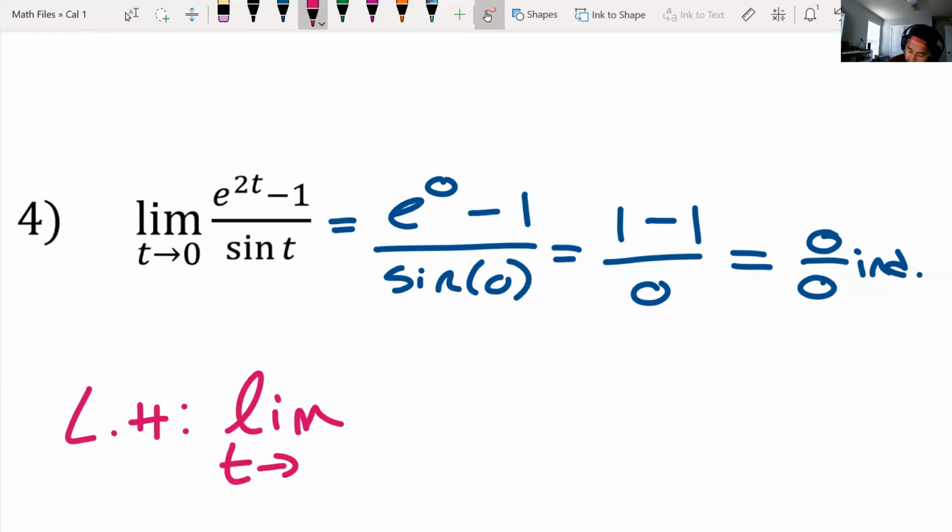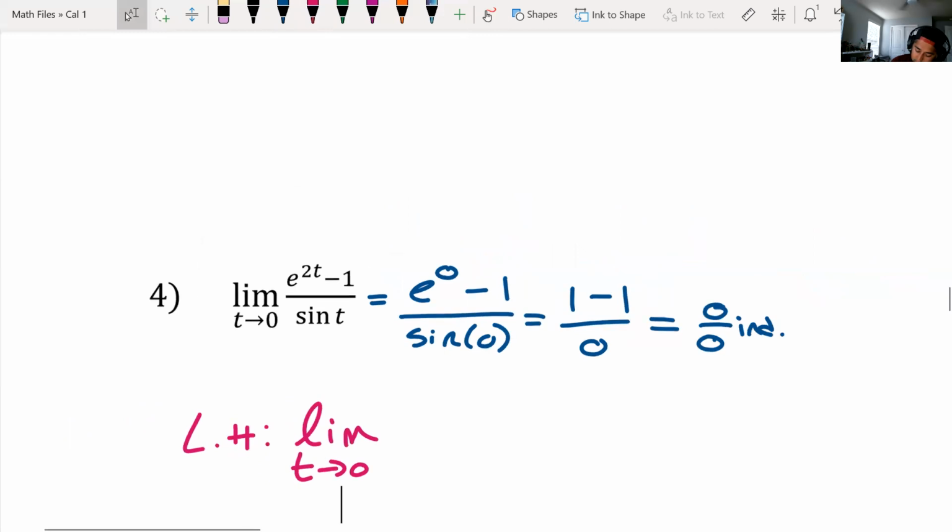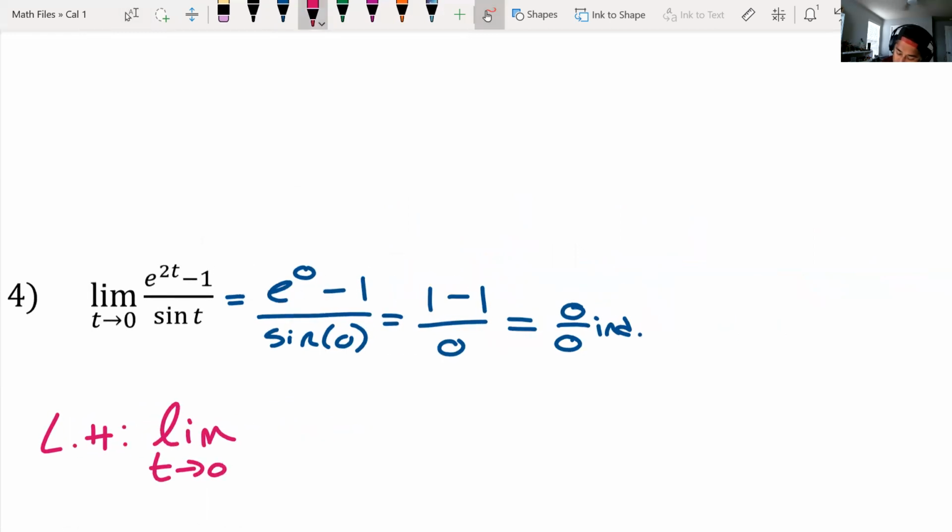And what is the derivative of e to the 2t? So remember, if you have the chain rule derivative, d over dt of e to the g(t), that derivative is g prime of t times e to the g(t).